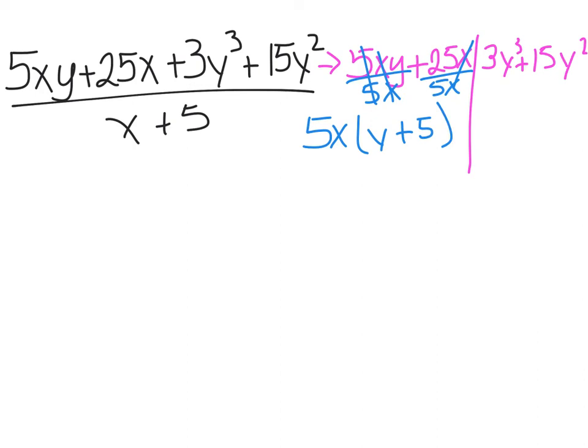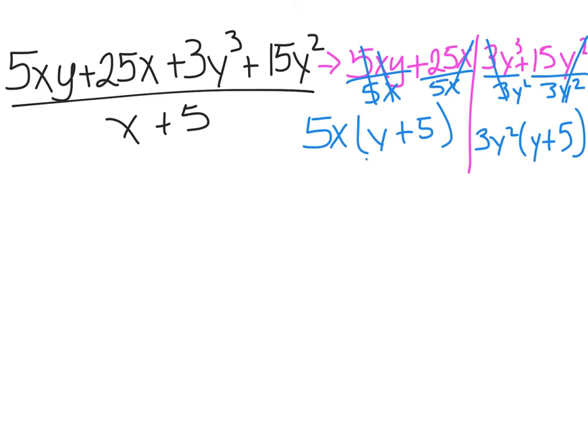Okay, 3 can go into both of those numbers, so I can pull out a 3. I'm going to put that outside my parentheses, and I notice my smallest exponent is a y squared. So I can do that, making that go away on the right. So 3 divided by 3 is 1, leaves me with a 1y, or y to the first power, plus 3 goes into 15 5 times.